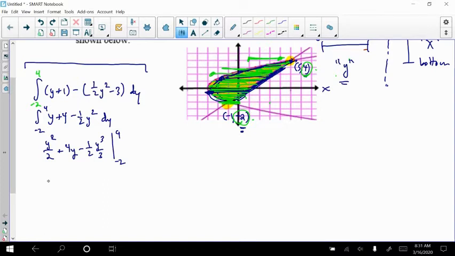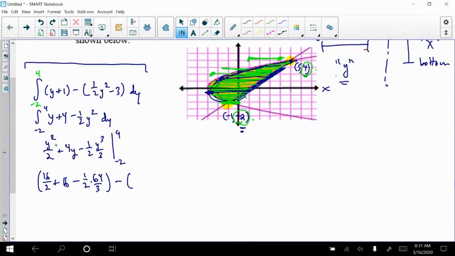So when I put in 4, I get 4 squared is 16 over 2, plus 4 times 4 is 16, minus 4 cubed is 64. So I have 1/2 times 64 thirds minus, and again, I like to use parentheses.